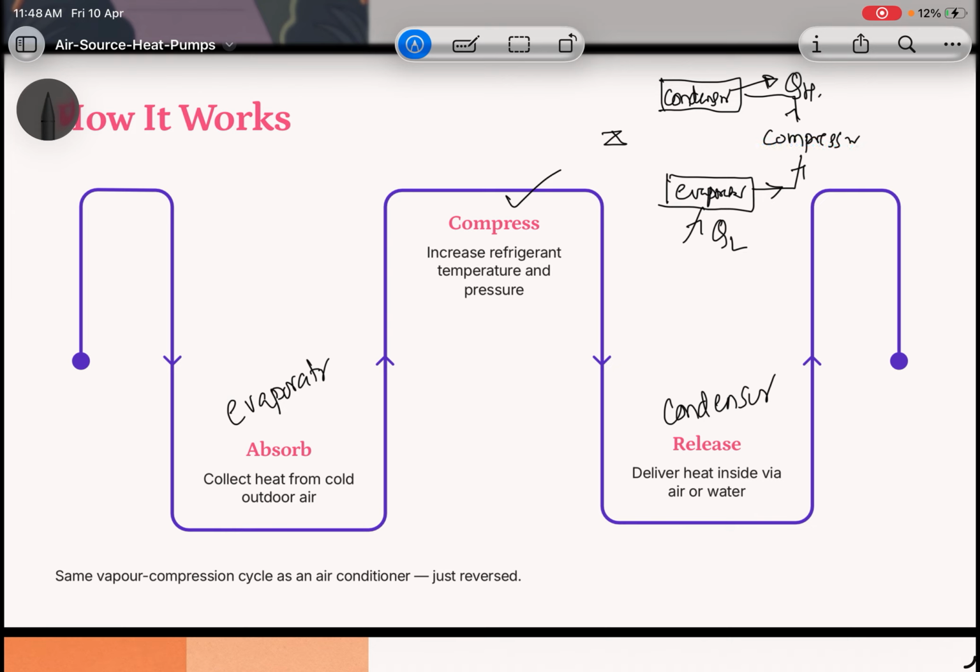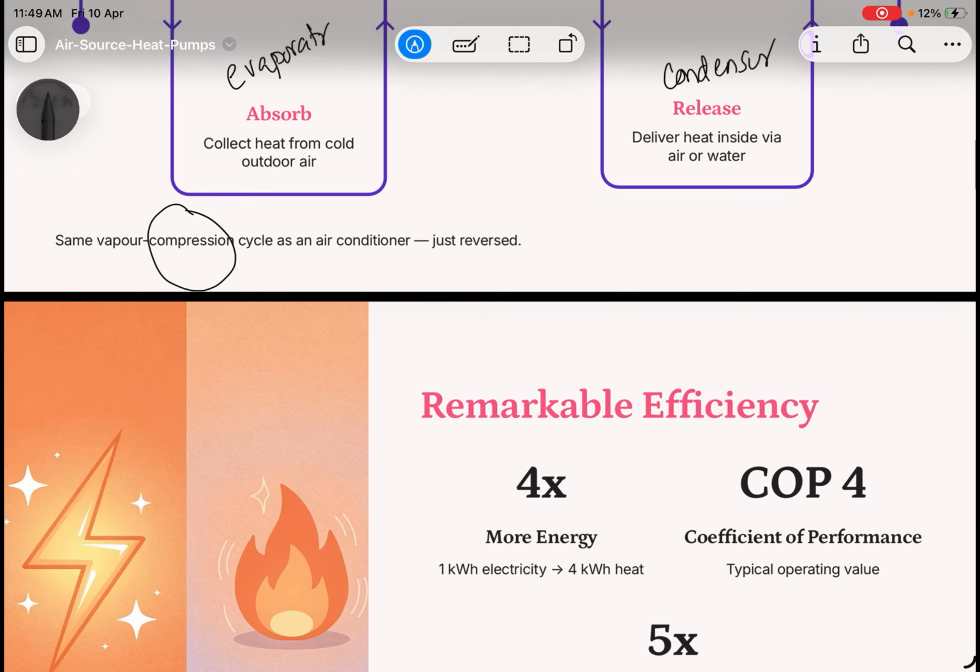The compressed refrigerant goes to the condenser, where it rejects the heat to the space to be heated, and the condensed refrigerant is expanded back to the evaporator pressure. So this is a two pressure system. Similar to your air conditioner or refrigerator, the heat pump has two heat exchangers, the evaporator and condenser, and two devices to change the pressure, the compressor and an expansion device.